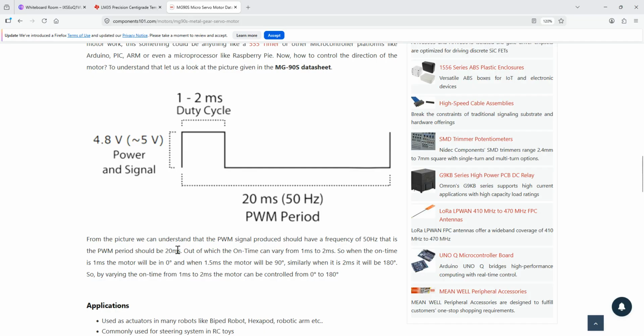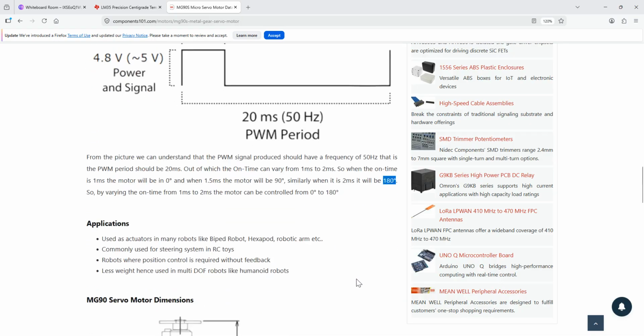Now here, if we provide an on time of 1 millisecond, the motor will consider it as 0 degrees. If you provide an on time of 1.5 milliseconds, it will rotate the shaft to 90 degrees. And if we provide an on time of 2 milliseconds, it will consider that as 180 degrees.